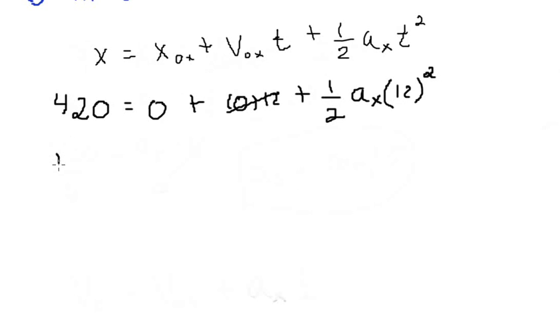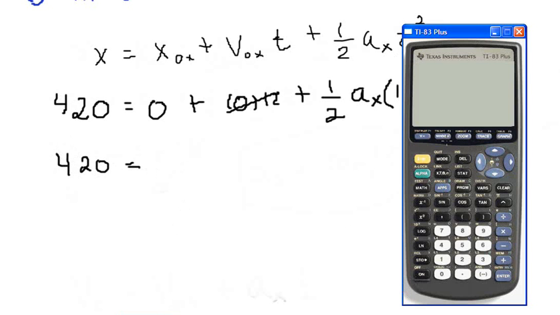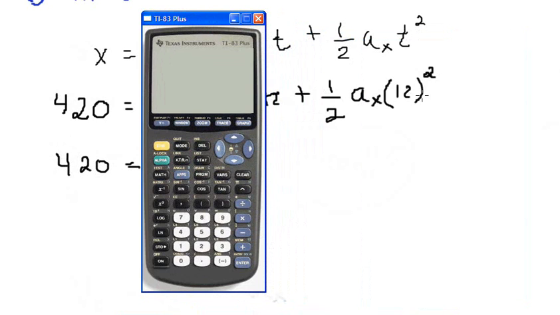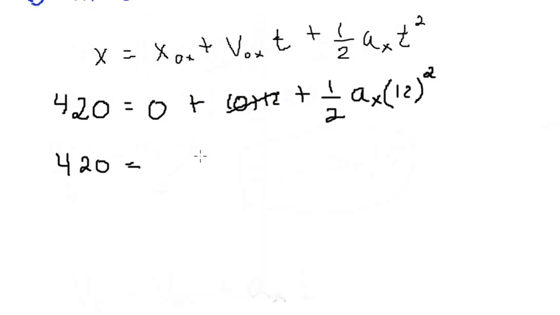Let's solve this problem. I'm going to use the calculator now. Here we have 12 squared. I know that 12 squared is 144, and divided by 2 we get 72. So 72 times the acceleration in the x is equal to 420, and now I'm going to divide by 72.